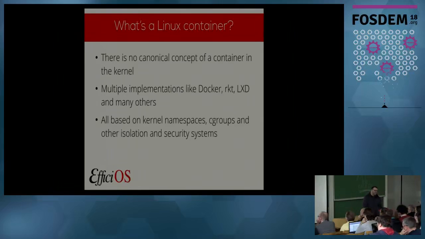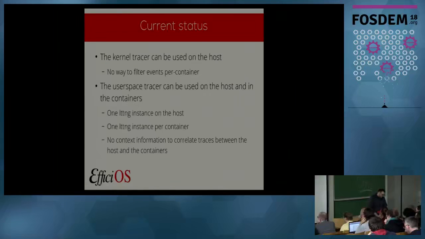So supporting all this in a kernel tracer can be a bit complex, since each container technology has its own way of using those features. So the least common denominator here is the namespaces, so that's what we chose to use as a first implementation of how we can integrate with containers in LTTng.